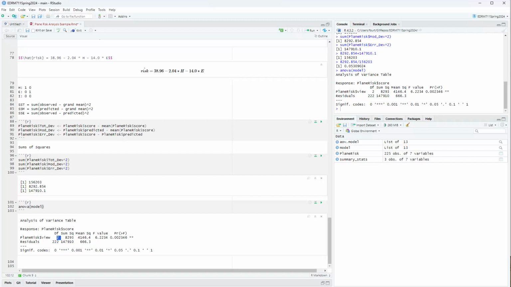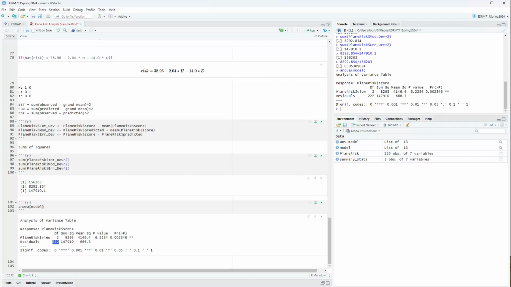When we get the total sums of squares, we have to calculate the mean, and therefore we lose 1 degree of freedom for that. So 225 minus 1 is 224, minus 2 is 222. That's the degrees of freedom that we have left for residuals. So the 222 plus 2 is 224, which is our total degrees of freedom, n minus 1.